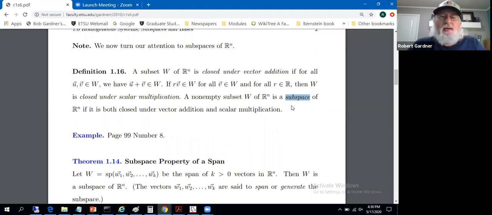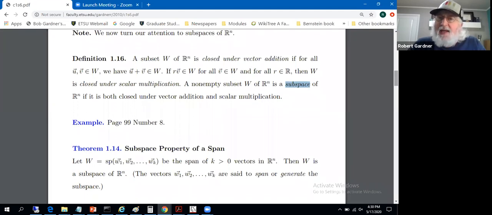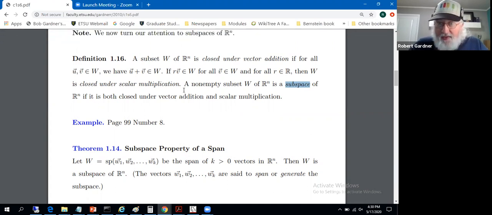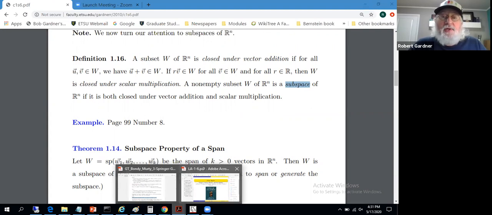So a subspace is a non-empty subset that's closed under linear combinations of its elements. We'll occasionally deal with these two together and discuss linear combinations, but here in the beginning, we'll address questions about subspaces in terms of these two things separately: closure under vector addition and closure under scalar multiplication. Let's do so.